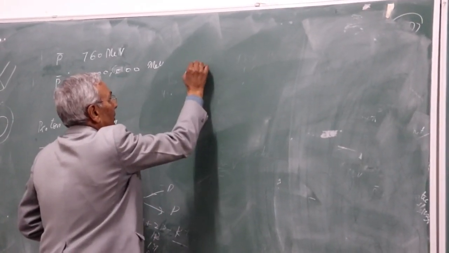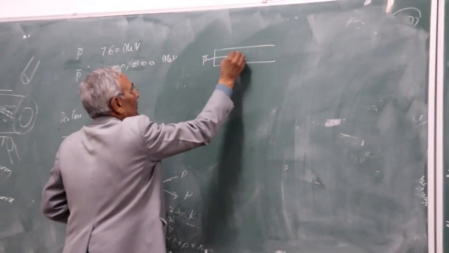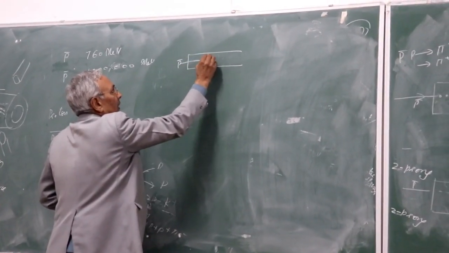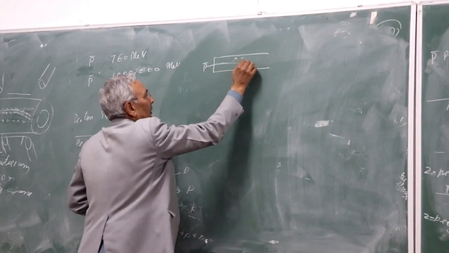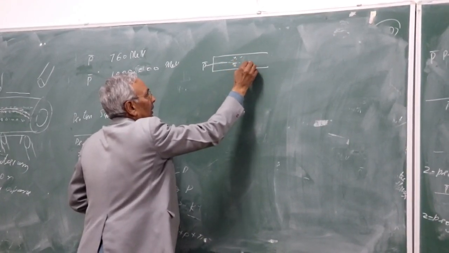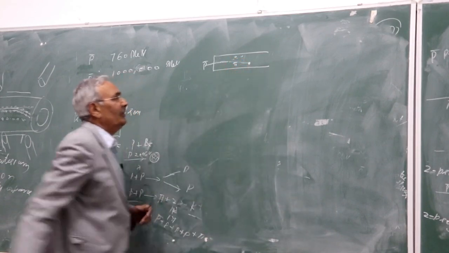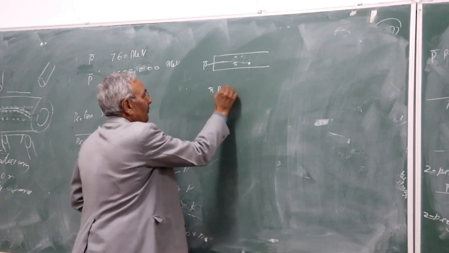So what you have is a p bar in the chamber, coming in, and here you have the track bubbles, and then no track over here for the n bar, it leaves no trajectory, and it interacts with the proton. So it's your n bar p interaction.